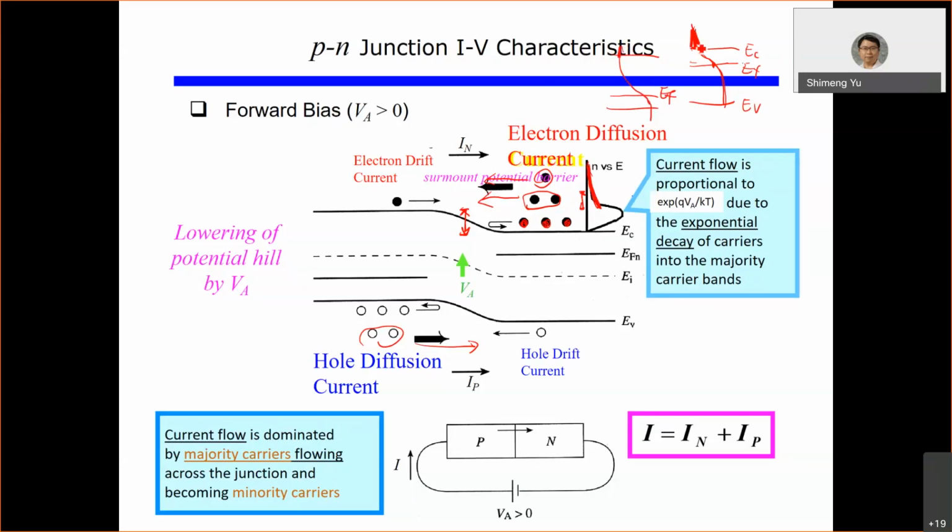But no matter what, the number of electrons here depends exponentially on any shift of the EF. If you shift EF a little bit, then you have an exponential increase or decrease. If the EF moves down, you have an exponential decrease of the electron density in the conduction band. So no matter N-type or P-type.